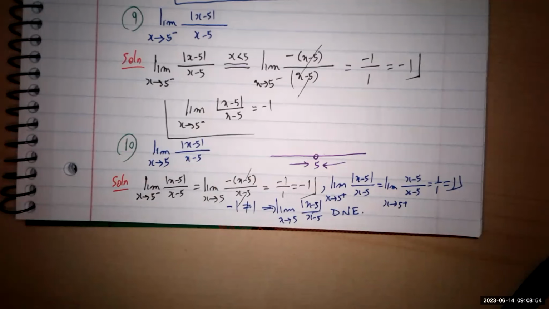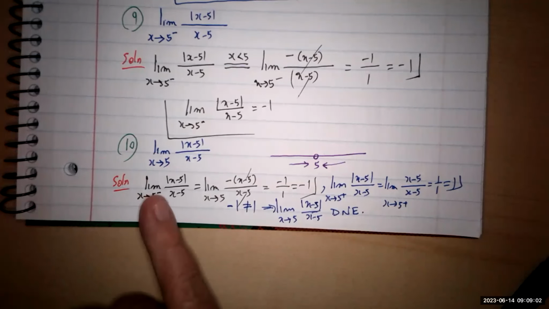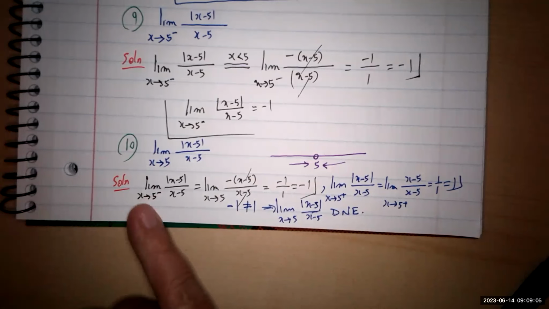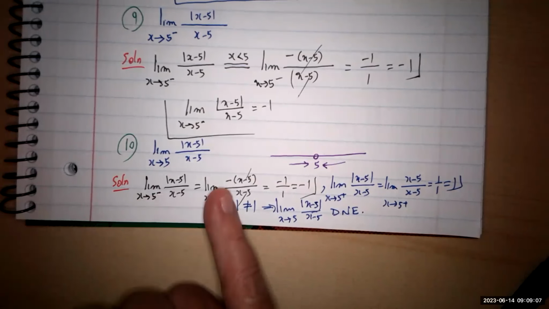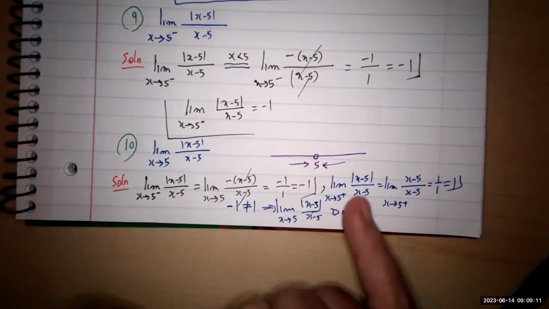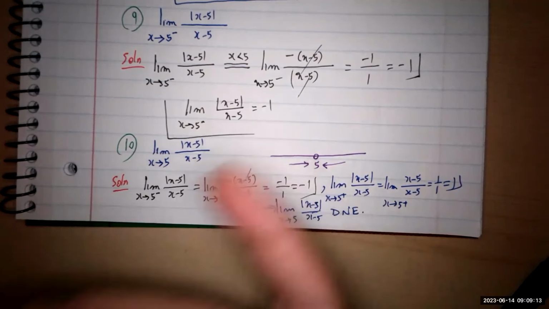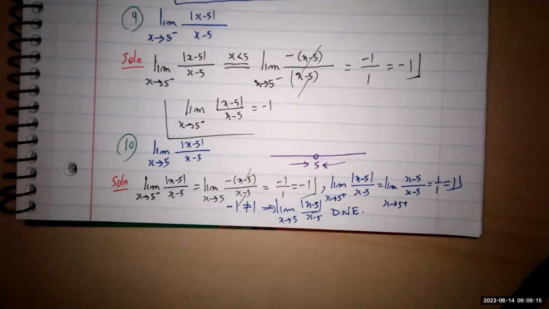The only way to get this positive or negative inside is if you do it one-sided. If you break it in two parts, x goes to 5 negative, the top would be negative x minus 5. If it goes to 5 positive, the top would be x minus 5. But we get two different numbers, so this means the actual limit does not exist. That would be a very, very important case.